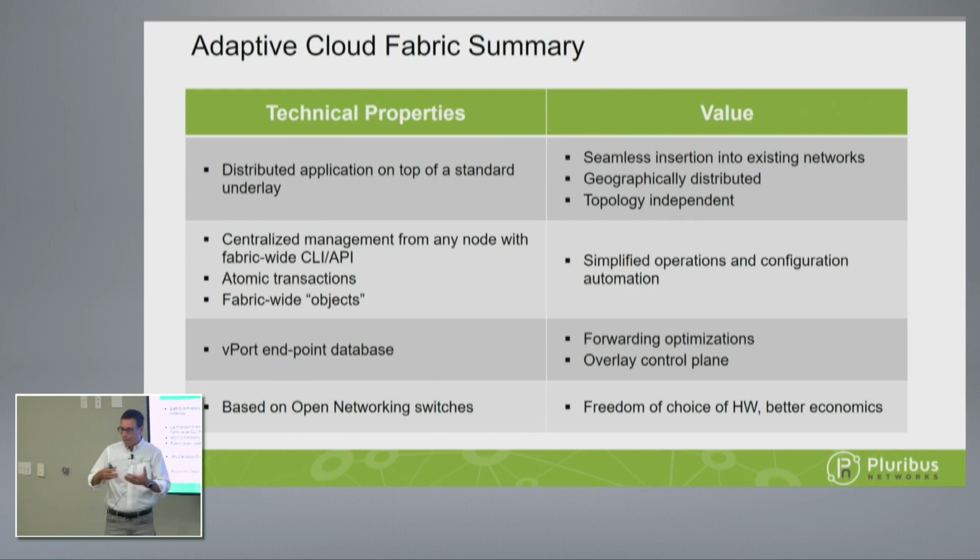And also, as an extension of this concept, I'm topologically independent. I don't dictate or mandate a leaf and spine design or a certain topology. You're just building an application relationship between the switch nodes that participate in what we call a fabric.